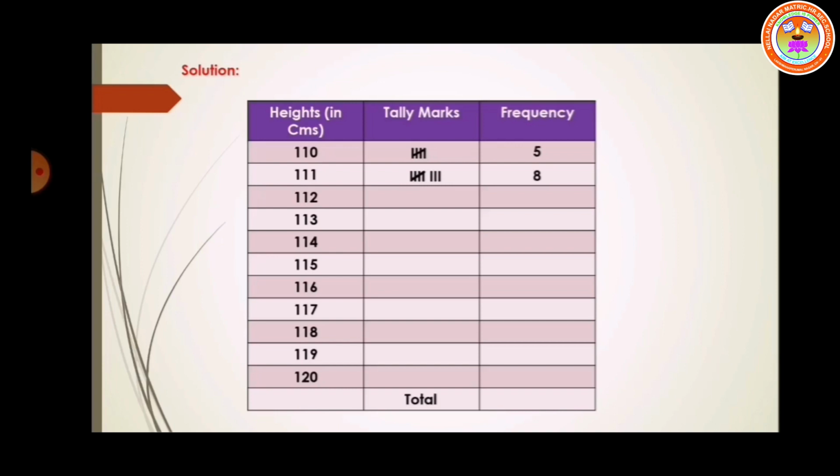For 112 centimeter, the tally marks 4. So you have to draw 4 vertical lines. Frequency 4. For 113 centimeter, the tally marks 5. Write frequency 5.